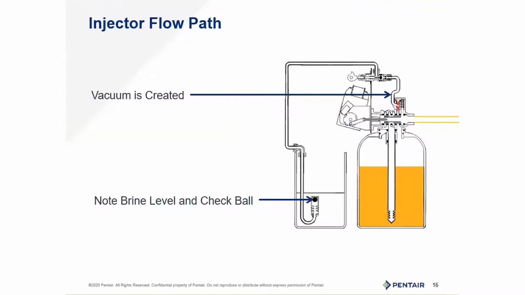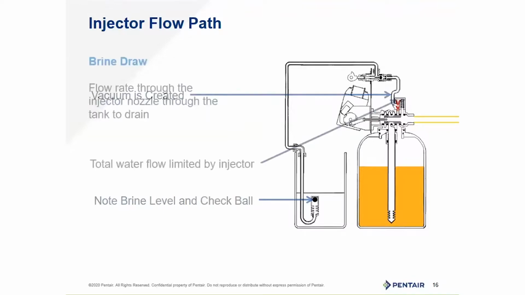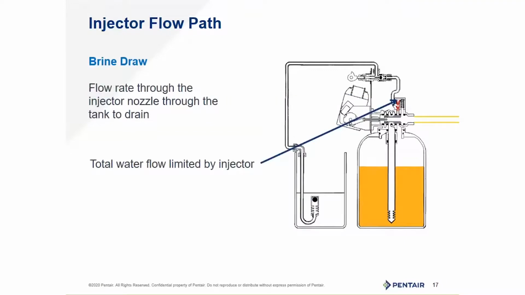So water flowing in, vacuum is created. Notice the level of the check ball in the brine safety valve in the tank. It's floating. The water is floating in the brine tank. We've got a saturated brine solution, and this float allows for the brine to be drawn out. The flow rate through the injector and through the tank to drain.